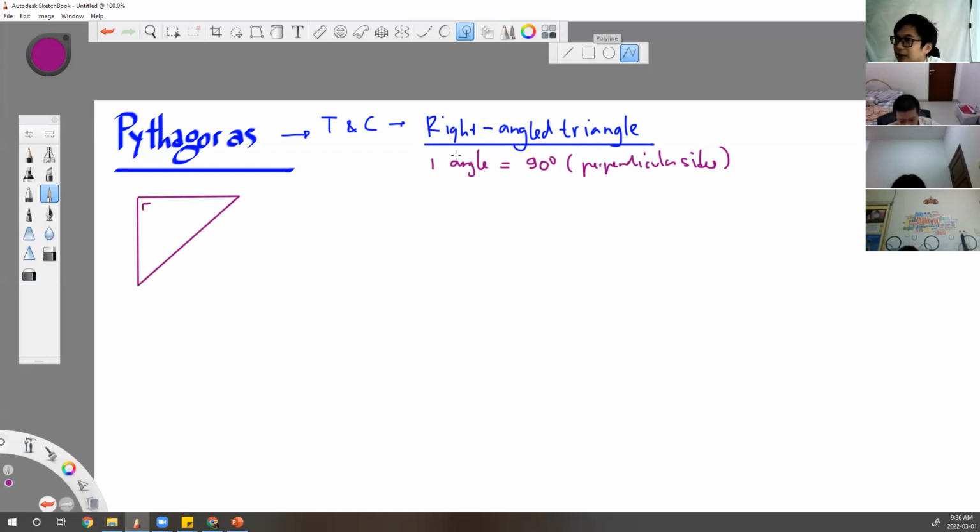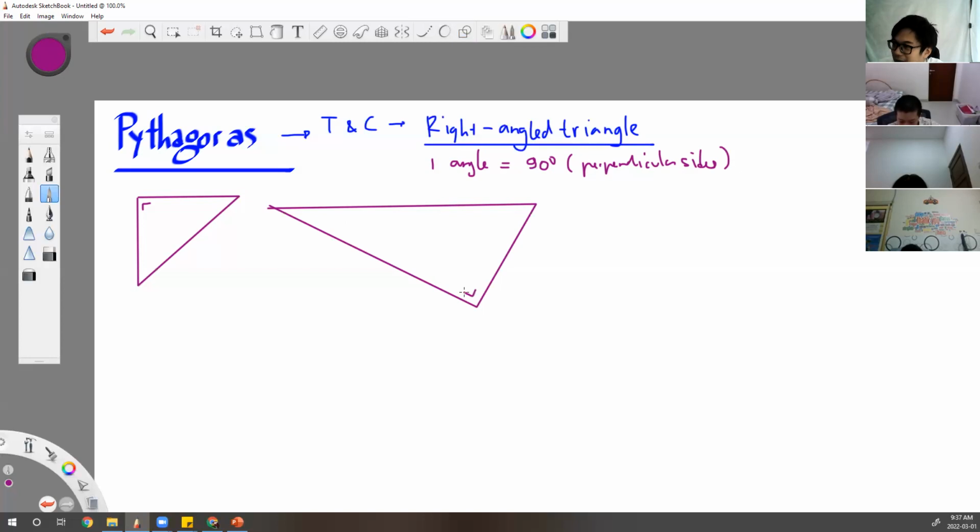And for another right angle triangle, I will give you a more scalene triangle. I'm not so good at drawing. There you go, I think it's like this. There's also a 90 degree triangle, and it can be anything. It can be as simple as this. So don't get confused by the sides.